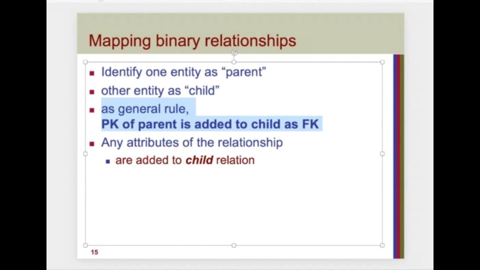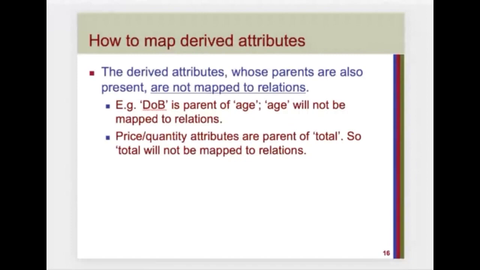This is the general principle that we have learned, and it will be applied everywhere. Then we saw that derived attributes we never store in our database, so we never map them to anything. We will always calculate derived attributes at runtime in our Oracle, in our queries, in our reports, wherever we have them.